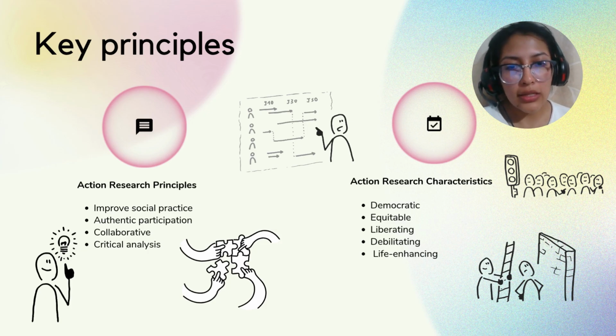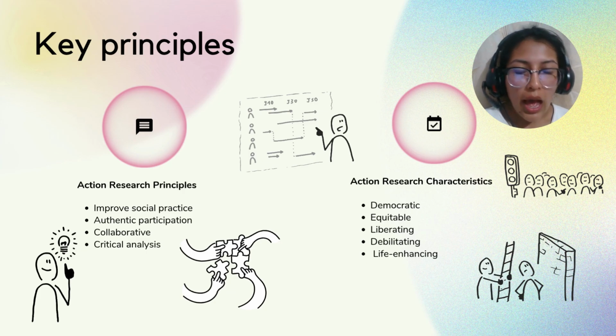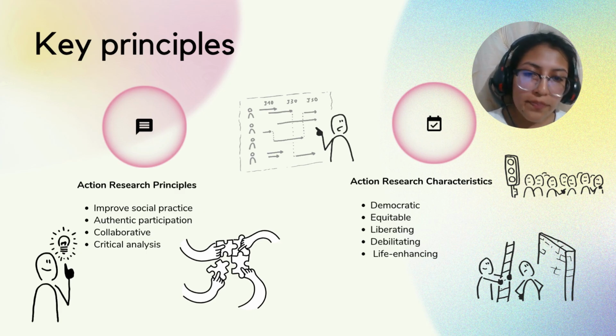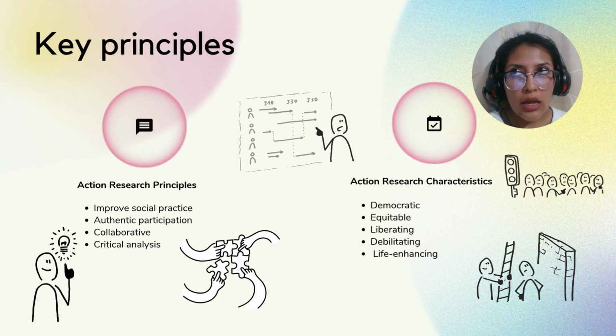On the other hand, some characteristics of this type of research are: democratic, that means everyone can join and give their opinions; equitable, it means we respect that every person has value; liberating, helps people feel free; deliberating, problems that make life harder for someone; and life enhancing, it means supporting people so they can grow, learn, and live in a good and happy way.